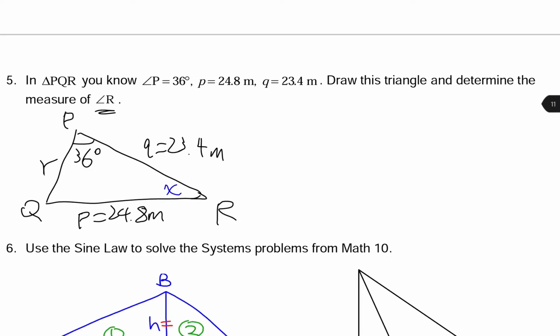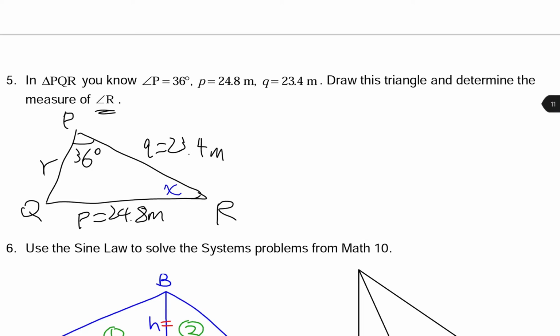So first check, can we use sine law? Let's see, we're given an angle and a side. So yes, we should be able to use sine law. To use sine law, we need to identify a known side and angle pair.